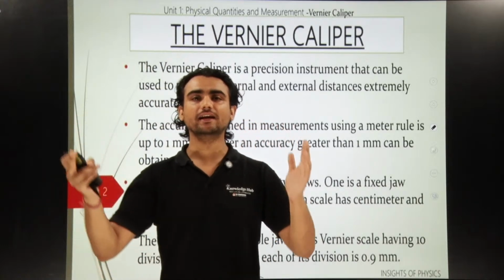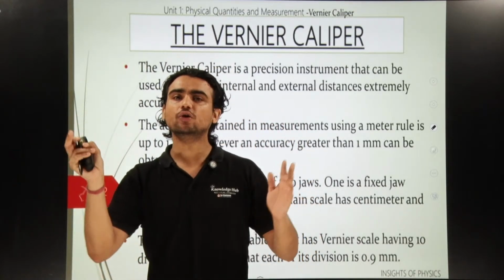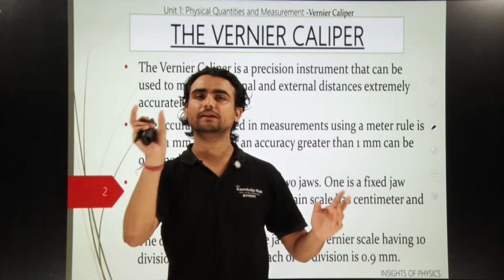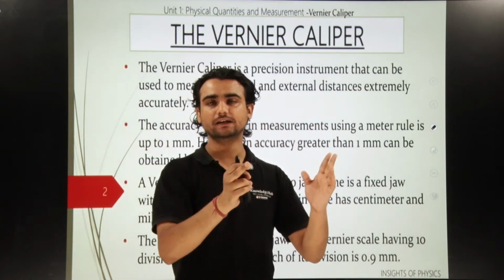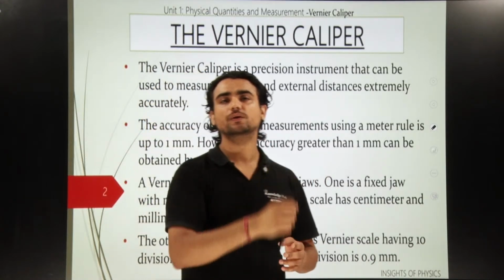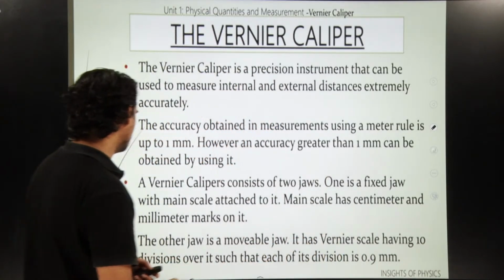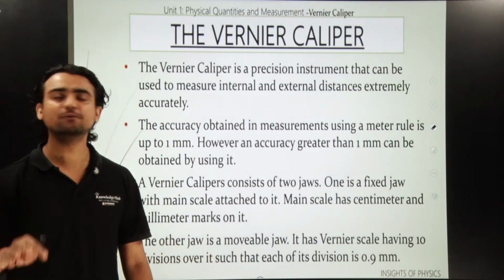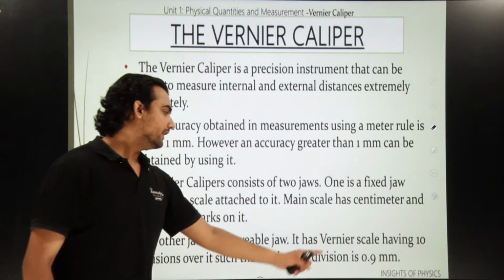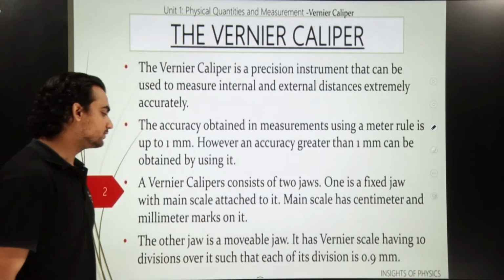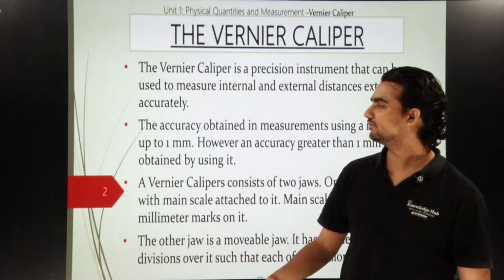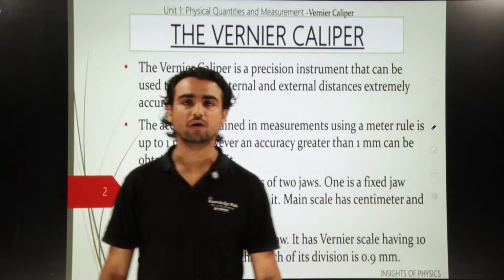This main scale is like a normal 15 centimeter scale which you have, with main divisions in centimeters, and it is divided into small parts. The other jaw is a movable jaw, so the secondary scale is basically movable. Vernier scale has 10 divisions over it, so that each division is 0.9 mm. Let's understand that later. Let's skip this sentence for now.